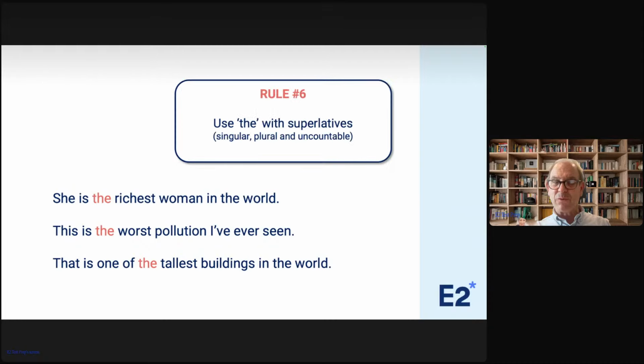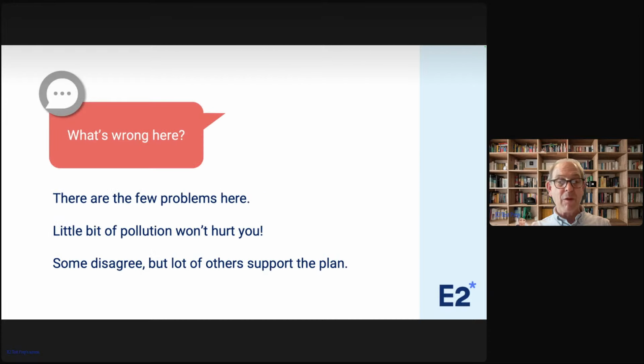What's the rule? Use the with superlatives, singular, plural, and uncountable. Rich, richer, the richest. Bad, worse, the worst. Tall, taller, the tallest. Superlatives. What's wrong here? There are a few problems here. Which ones?